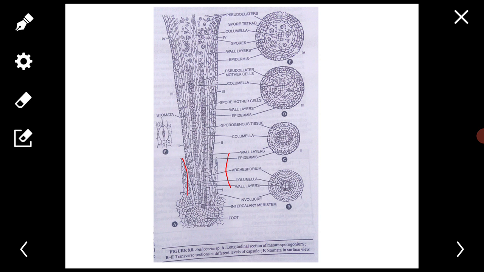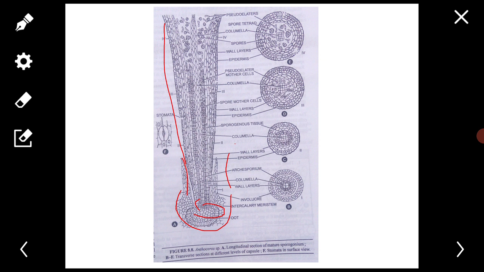Each sporogonium is mainly differentiated into two parts. First is the foot, and second is the capsule. The foot is bulbous, inverted, cup-shaped, and embedded in the gametophytic tissue of the thallus, directly on the dorsal side.